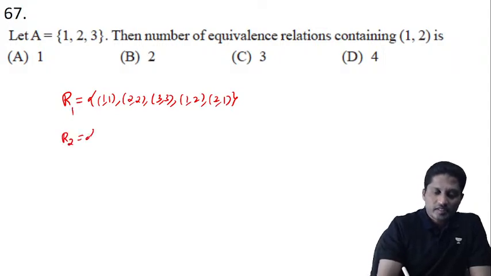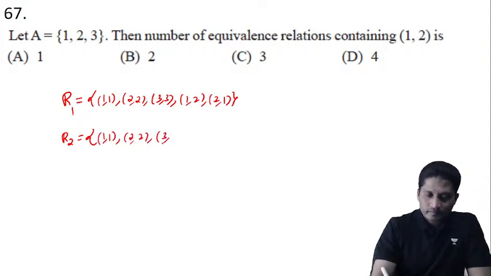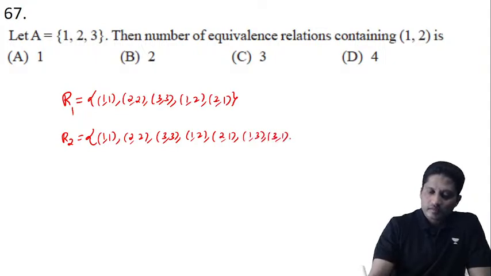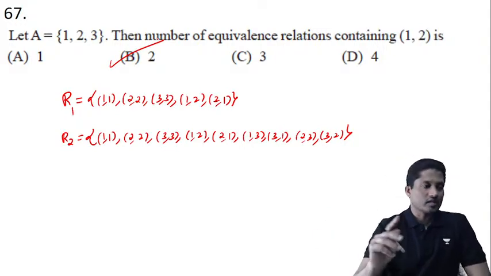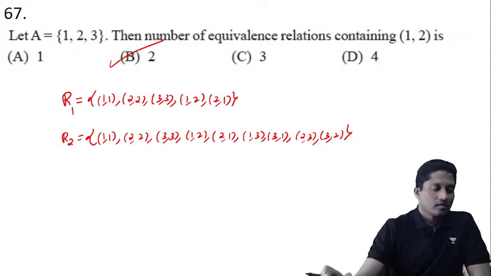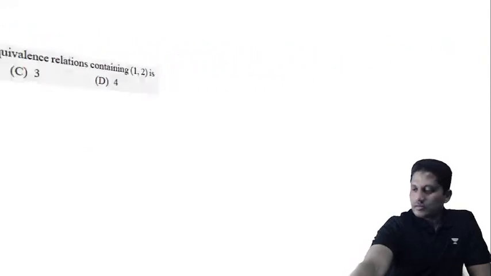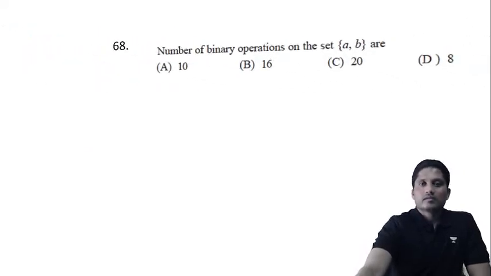If I take suppose like this: (1, 1), (2, 2) and (3, 3), (1, 2), (2, 1), (1, 3), (3, 1), (2, 3), (3, 2). Okay, so the number of equivalence relations containing (1, 2) on the set {1, 2, 3} is 2.